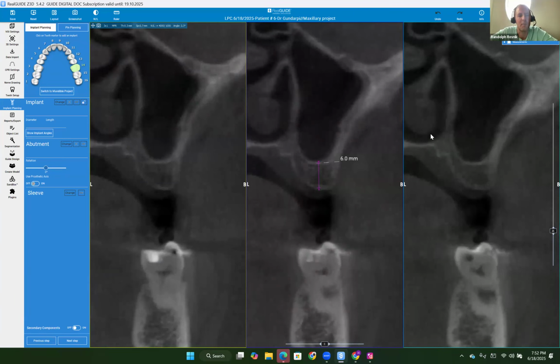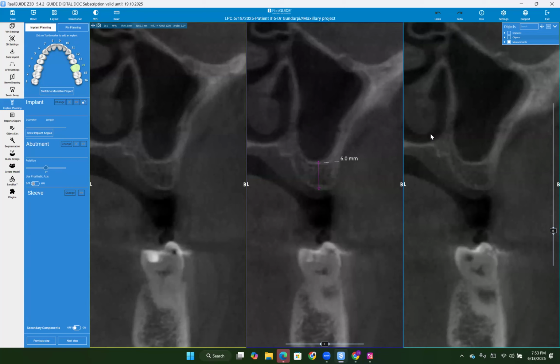That's going to determine how much bone we have, which is going to dictate what our implant options are. Have you taken module 3 yet, Doc? Yes, I have. Okay, perfect. So you've gone through the different classification. With 6 millimeters there, what are our treatment options?